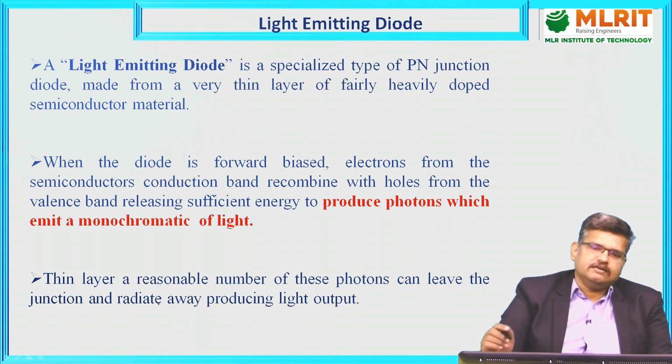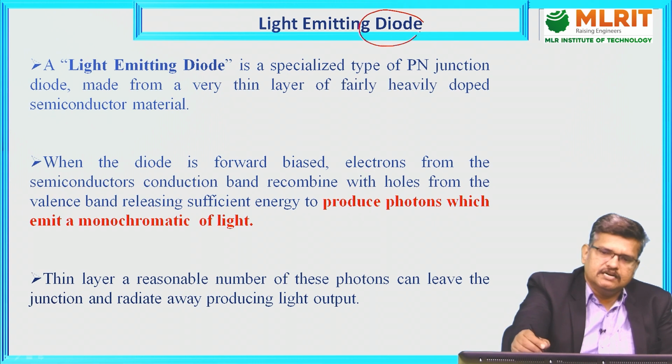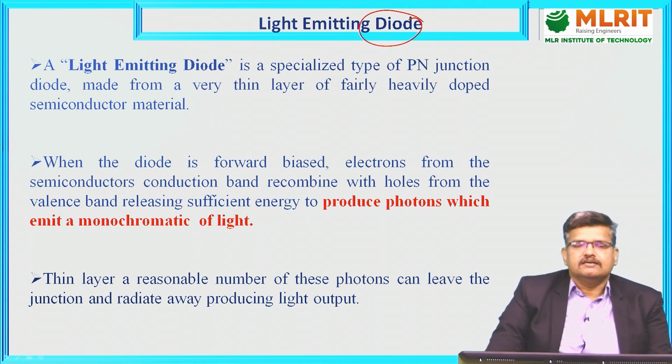Here the name implies a diode. The light emitting diode is a specialized form of PN junction diode, formed from a very thin layer of fairly heavily doped semiconductor material. We know that the diode has two conditions, the forward bias and reverse bias condition.